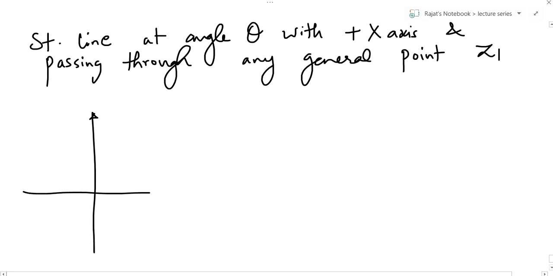Okay, so this is the line with the positive direction, it is making an angle of theta, and let us say it is passing through a general point z1.